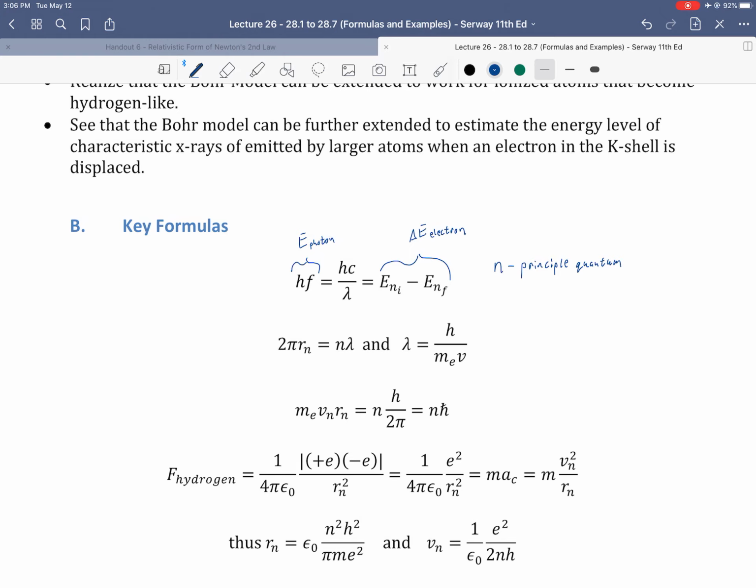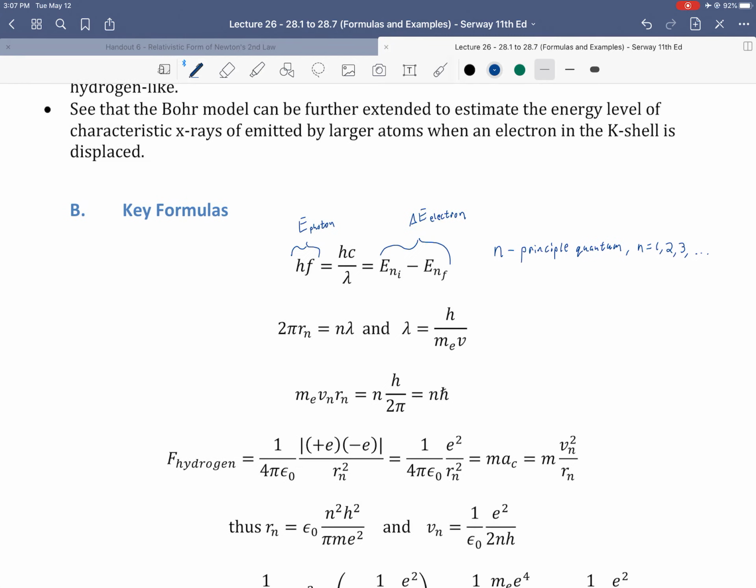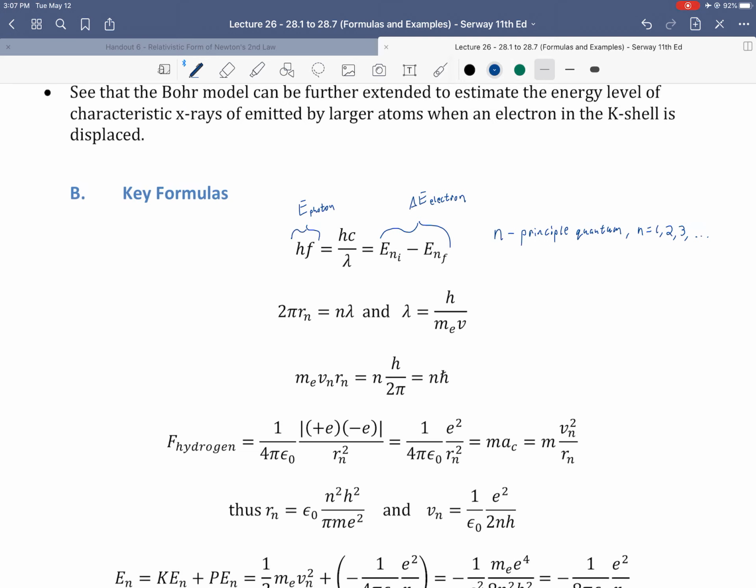In this lecture we're focusing on numerical examples like you would see in the computation section of the exam. You would not see any problems involving other quantum numbers in the numerical section of the exam. So the principal quantum number n can be any integer greater than or equal to 1. Hopefully that makes sense.